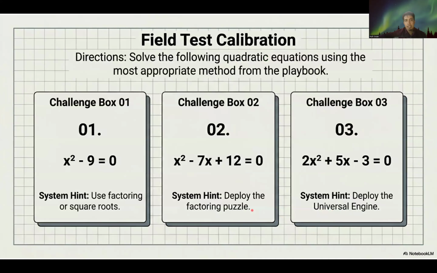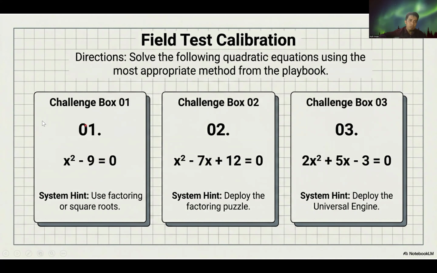Okay, this is the test calibration. We can solve all of these equations using factoring first, or completing the square, or the last, using the ABC formula, or universal engine.